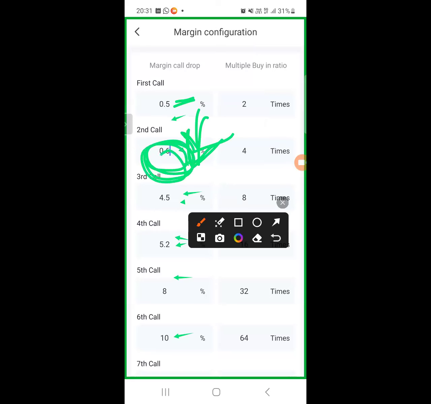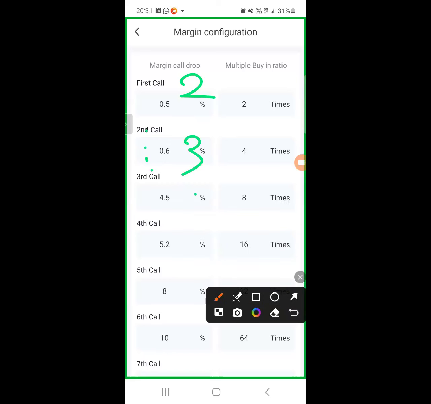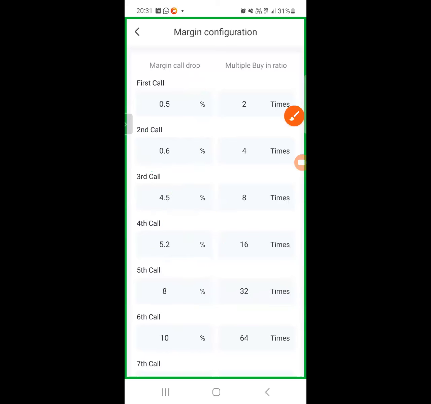If here, maybe he bought the $5 and it gave 2 pieces of the coin, it means for him to buy here, I must make sure to get 3 pieces. Here, I must make sure to get 4 pieces. I must make sure to get 5 pieces. You see? So by putting progressively the call drop, by increasing the next call, it means each next call must be bigger than the previous call.